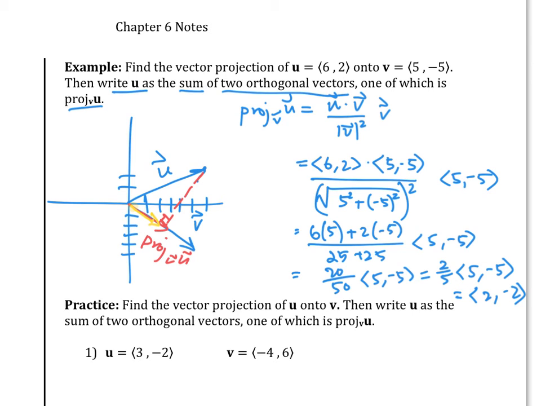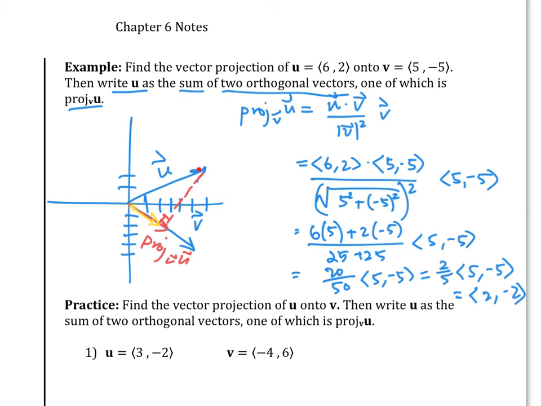Which two perpendicular vectors add up to u, one being the projection vector? This is easy to see: it's the projection vector plus this one. Remember, tail to head, so it points this way. This one plus this one is the u vector.